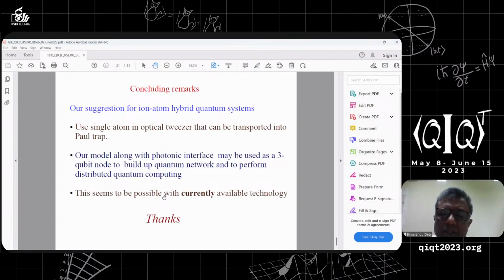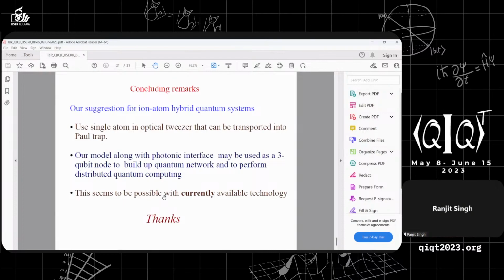Decoherence time would be large, I think, of the order of a millisecond or so. So that's why we are considering the Rydberg states. Okay. Thank you. Okay, any other question?